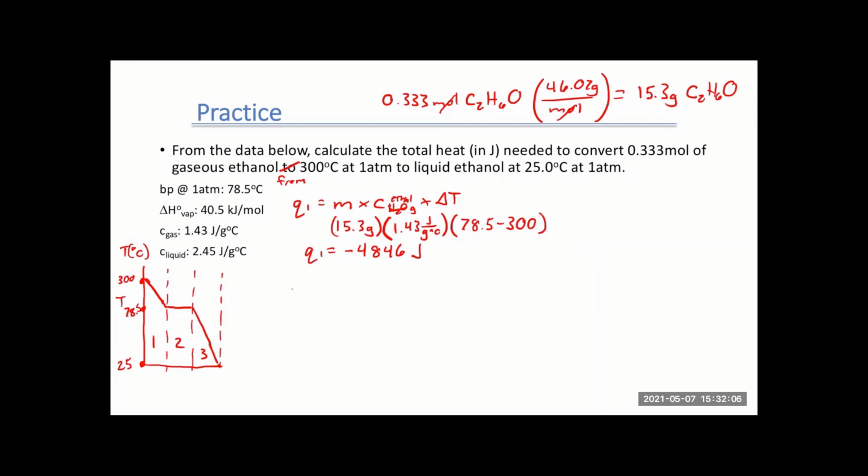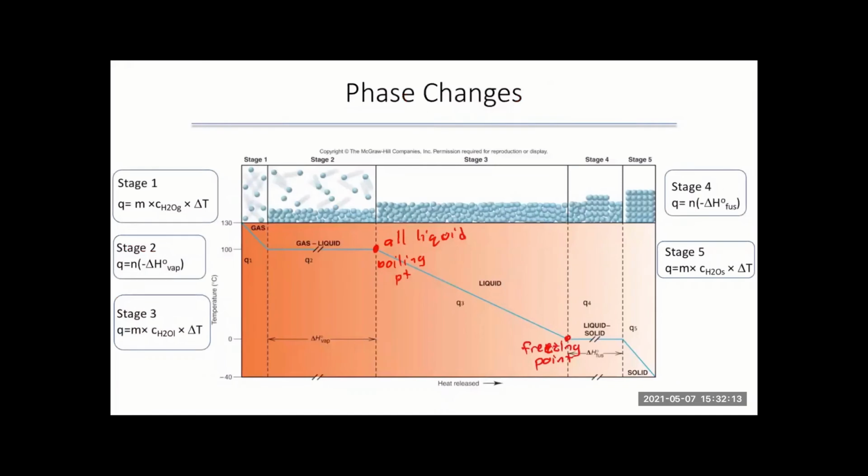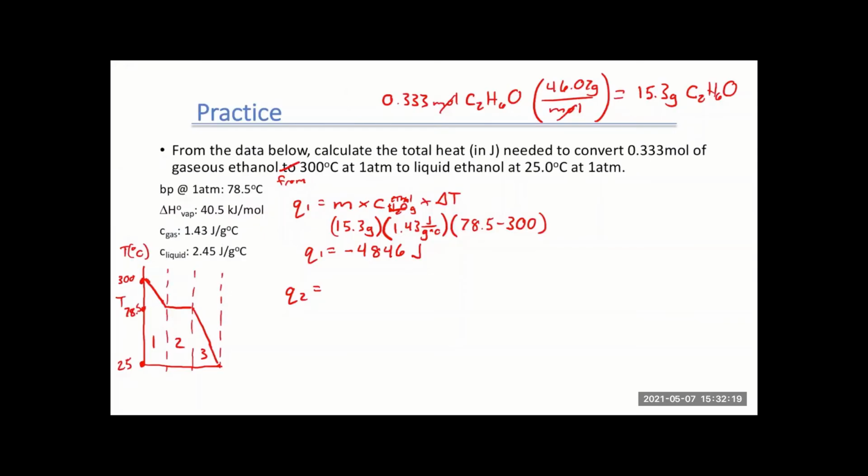So then next we go to Q2. Q2, remember, that's stage 2. Stage 2 is the number of moles times the delta H. So that means my number of moles is that 0.333 moles of ethanol times the delta H for vaporization. So that's 40.5 kilojoules per mole. I'm going to want to convert this from kilojoules into joules because the answer tells me I want to be in joules.